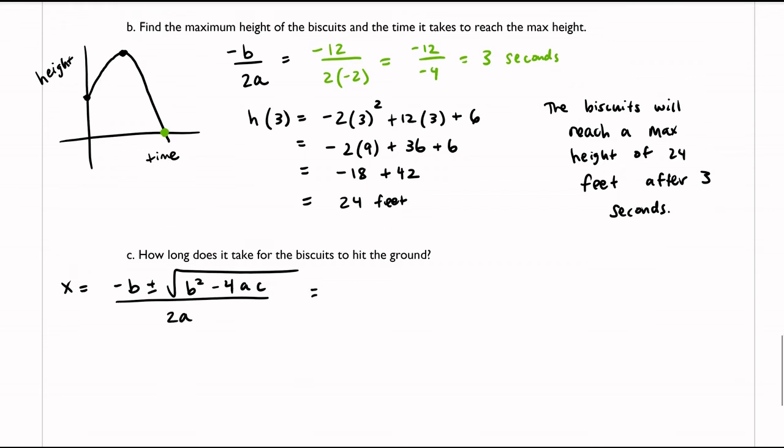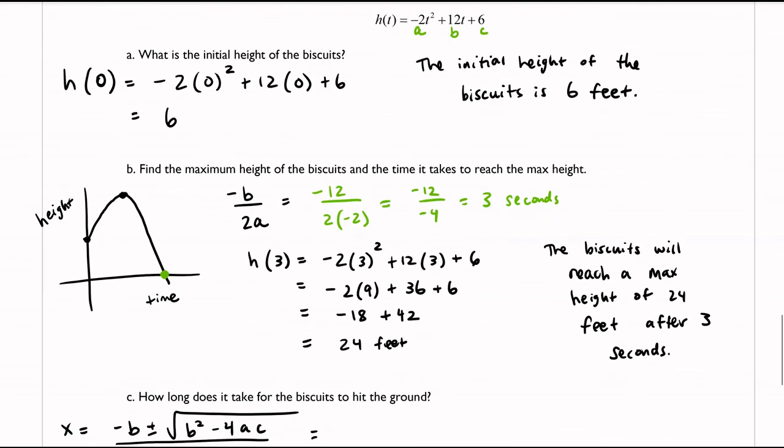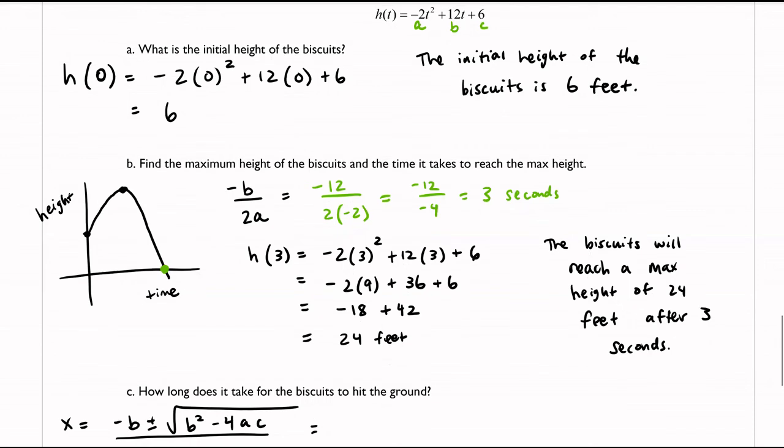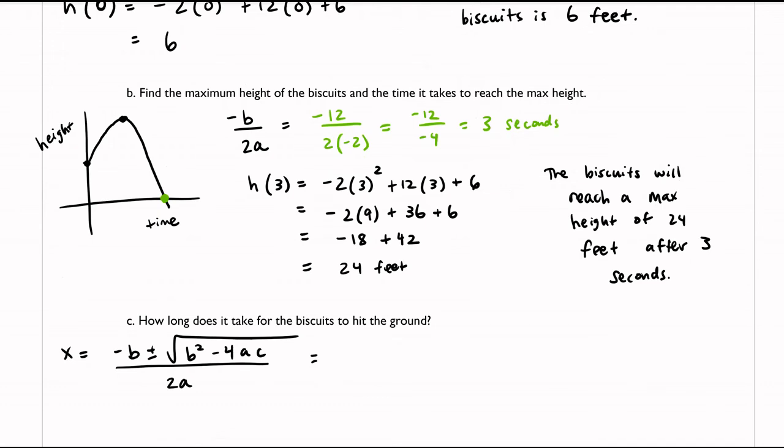And if we replace some of those values, let's remind ourselves a is negative 2, b is 12, and c is 6. So we have negative 12 plus or minus the square root of b squared minus 4 times a, which is negative 2, times c, which is 6, all over 2 times negative 2.